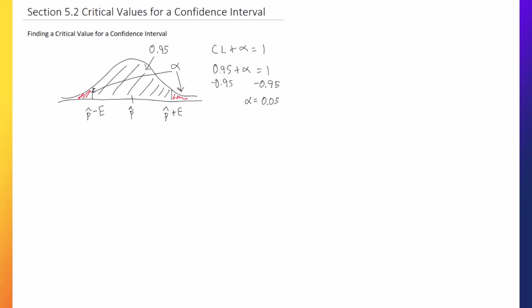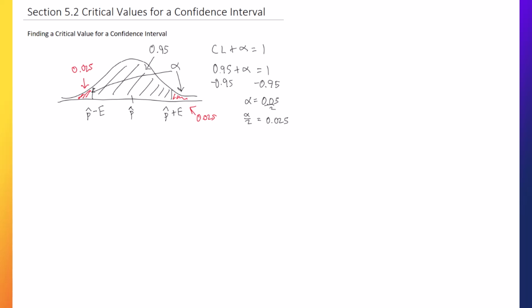But you'll hear me talk quite a bit about tail area, and this tail area is divided in 2. And so that's our alpha over 2, and if we divide by 2, we get 0.025 for how much area is in each tail. 0.025 here and 0.025 here. Now we talked a little bit in hypothesis testing about tails, and so this is a two-tailed scenario.